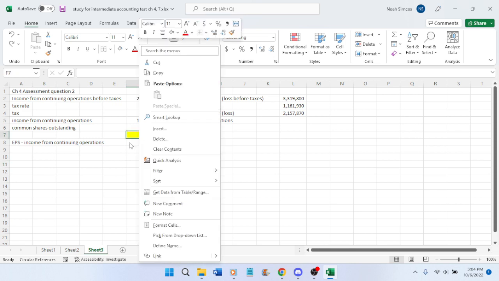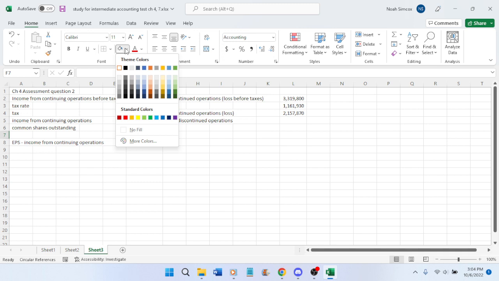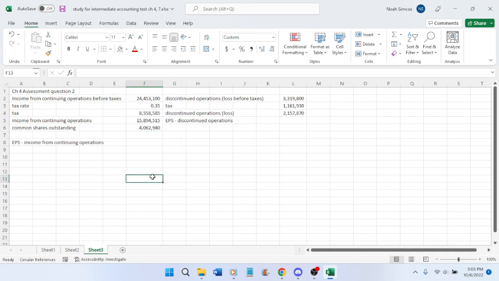How do you restore this to a normal color? What? Oh, man. How do you fix this? This is a waste. Okay, there we go.